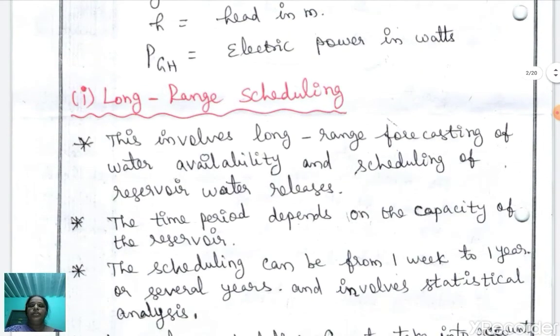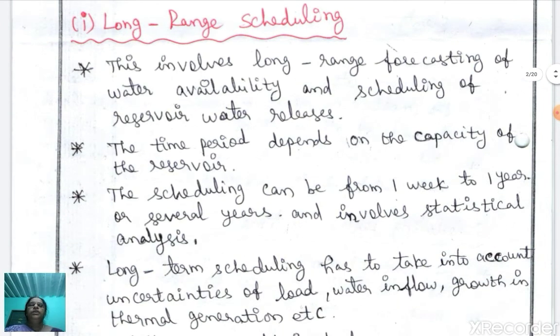Then the second one is long range scheduling. Long range scheduling involves long range forecasting of water availability and scheduling of reservoir water releases. The time period depends on the capacity of the reservoir. The scheduling can be from 1 week to 1 year or several years and involves statistical analysis.